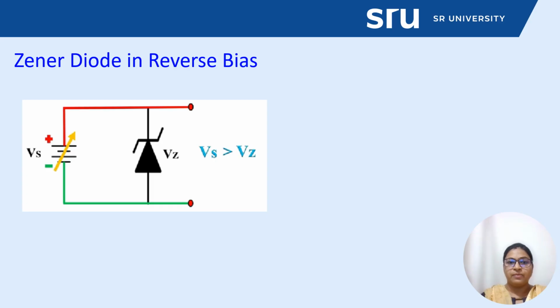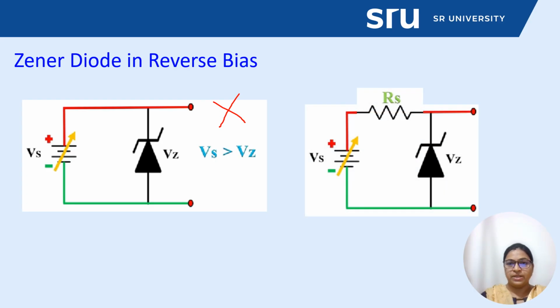If the input source voltage is very high compared to the rated voltage, it may damage it. So it is not preferable to connect in this way. Generally the Zener diode is connected in series with a resistance to protect the diode device. In this way we connect the Zener diode for reverse bias.